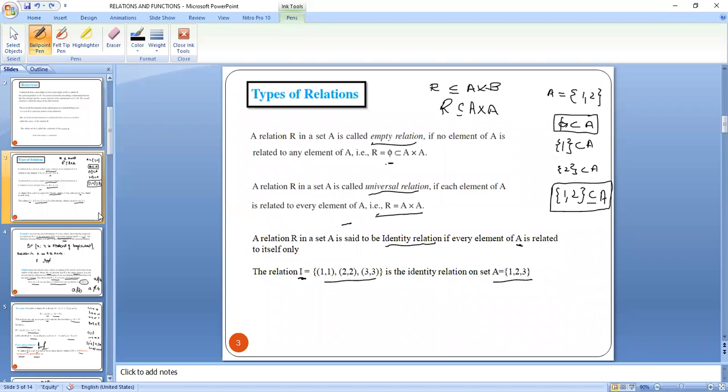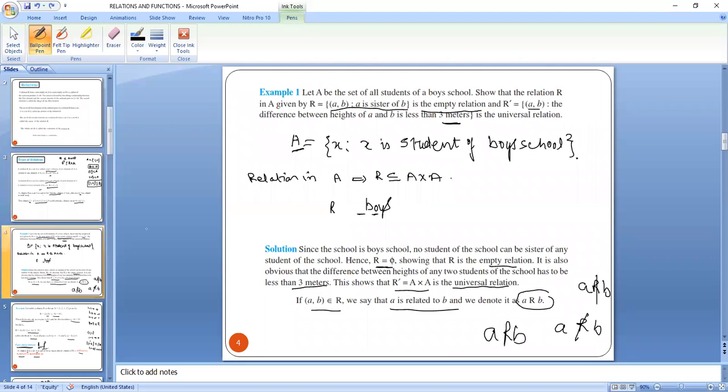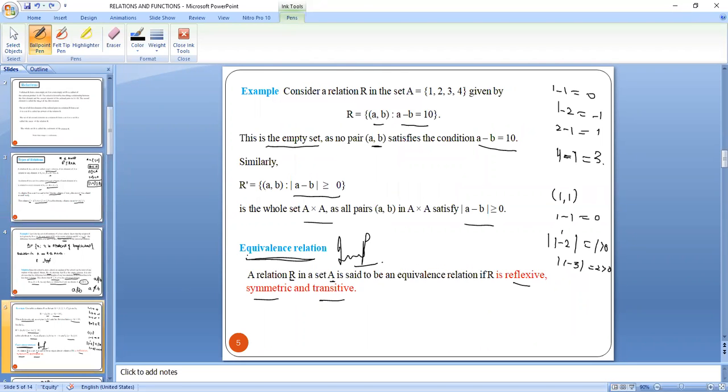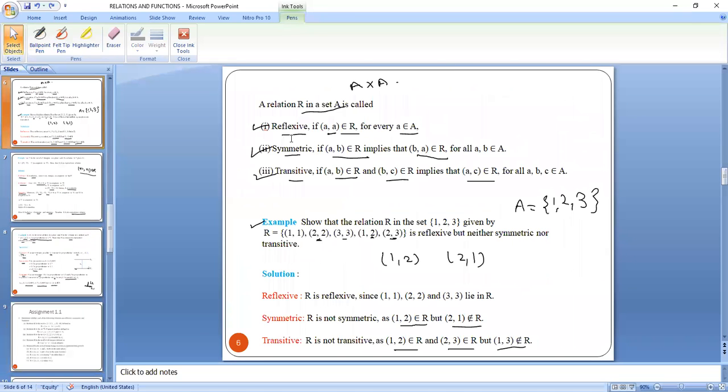Then we did the important topic, equivalence relation. For an equivalence relation, we check whether the relation is reflexive, symmetric and transitive. Only if the relation is reflexive, symmetric and transitive do we say it is an equivalence relation.